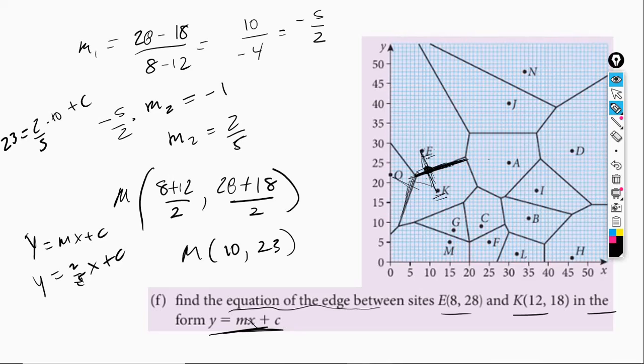We can solve this very quickly, and we can see that c is equal to 19. Okay, that means that we have the equation. I'm going to rewrite it somewhere here so it doesn't look so disorganized. So the answer would be y equals 2/5 x plus 19. So that would be the equation of the edge between those two sides, which is the perpendicular bisector.